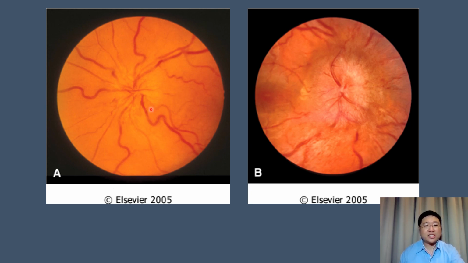The lesion seems to be pale because of the decreased blood perfusion within this area. On the contrary, on the right side, we see swelling of the optic disc associated with hyperemia, that is increased blood within this area. There is engorgement of the blood vessels here.